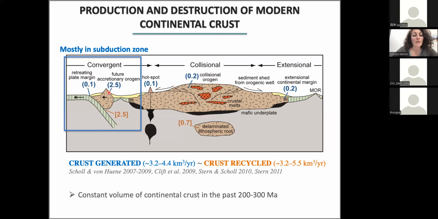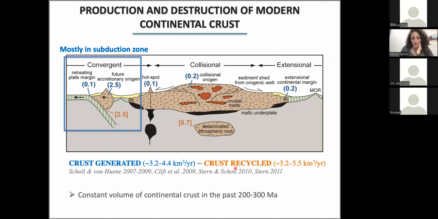So we have an amount of crust generated that is about equal to the amount of crust recycled, meaning that the volume of crust was probably constant because you produce as much as you recycle in the past 300 million years. So this is what we know about the continental crust today. When I say today, I mean the past 200 million years, of course.